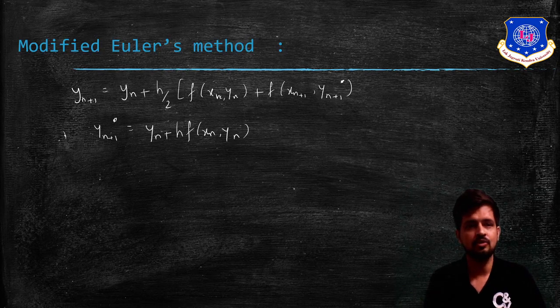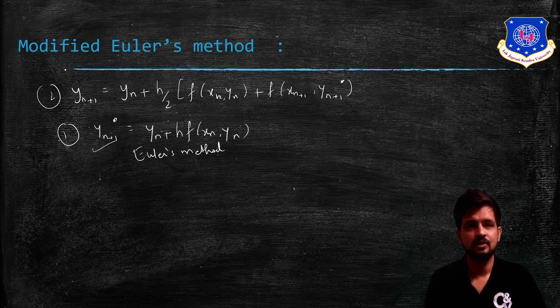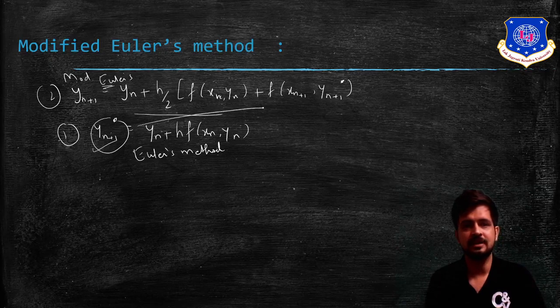So first of all, in step number 1, we have to find yn plus 1 using Euler's method, and then we have to find yn plus 1 using the modified Euler's method, using this yn plus 1 star here.